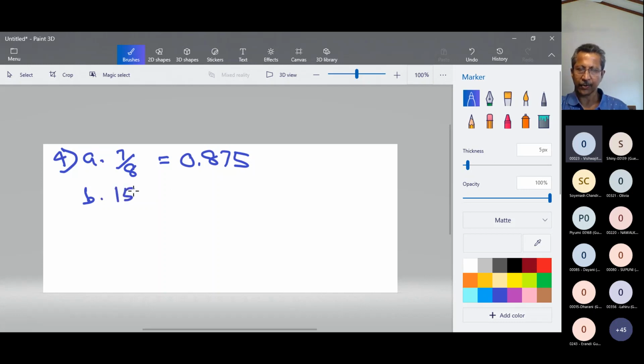Right. Then B. 15 5 upon 4. If you are doing steps, what we do is 15 plus 5 divided by 4. No? Okay. So, I will skip one step and go to the answer.